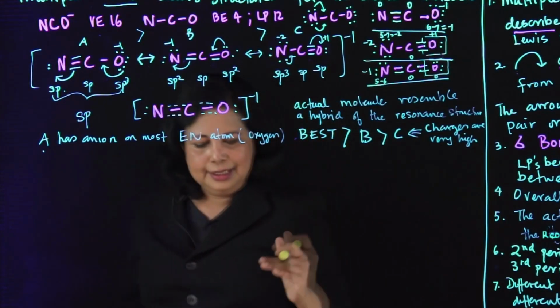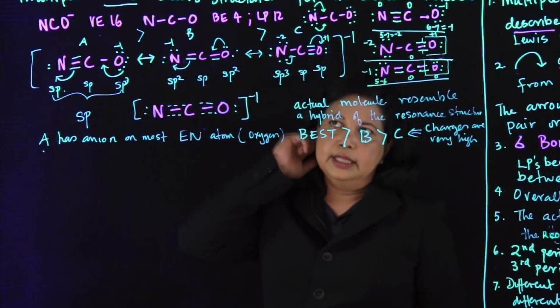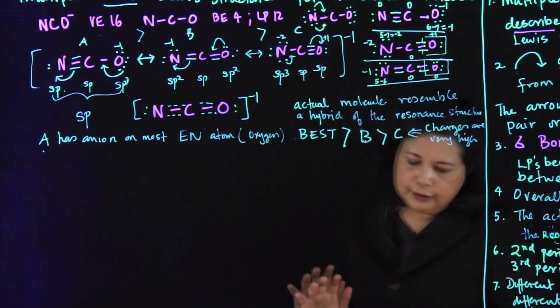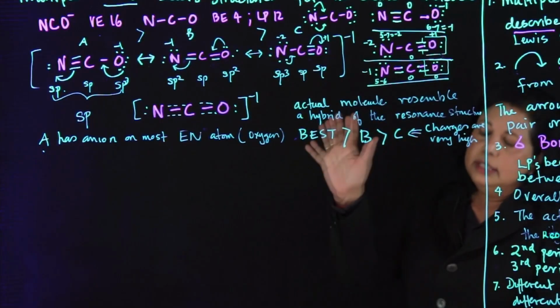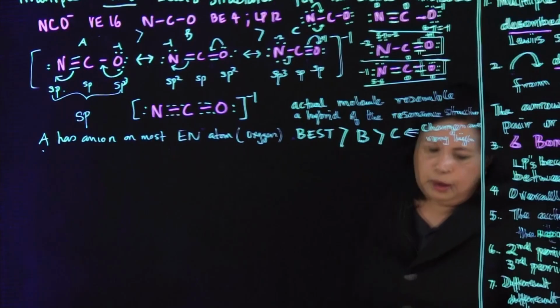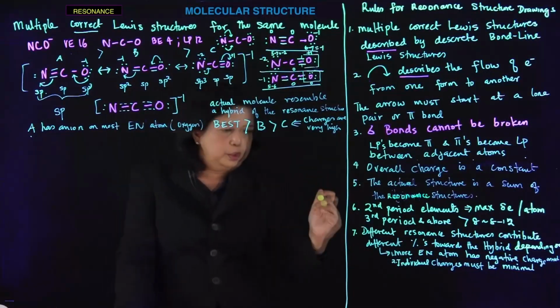That's what it means. Another thing is, when you're drawing these Lewis structures, you need to have as many bonds as possible and as many lone pairs as possible, and then minimum charge.